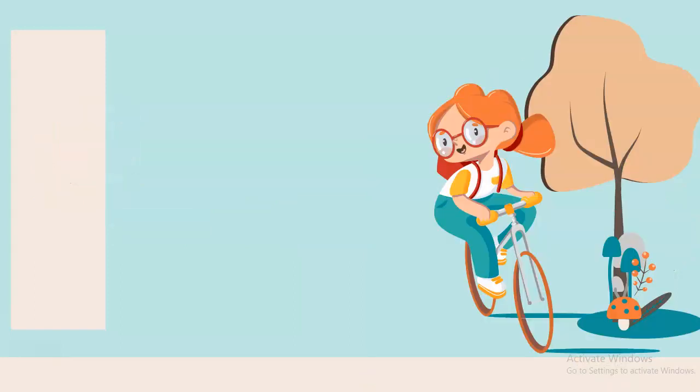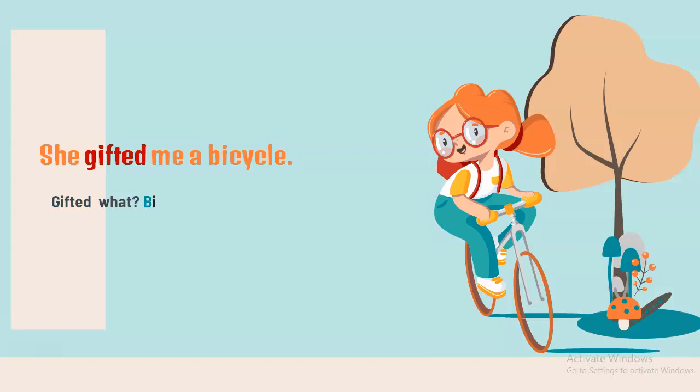Let's understand this through the sentence. She gifted me a bicycle. Here, gifted is the main verb. Now the question is, gifted what? Bicycle. So the bicycle is the direct object of the verb gifted. Now, who received the gift or the bicycle?